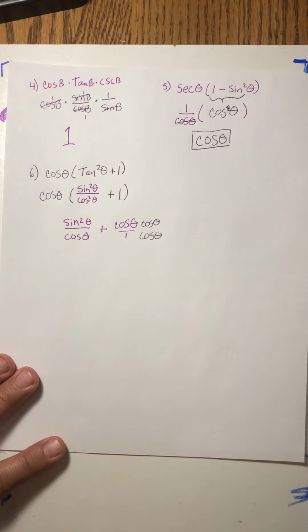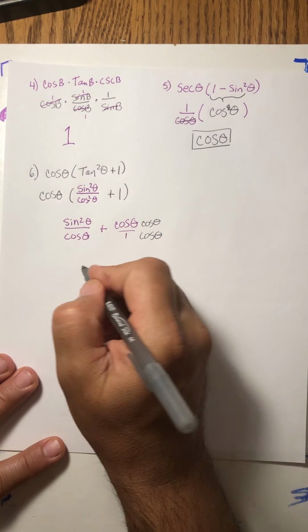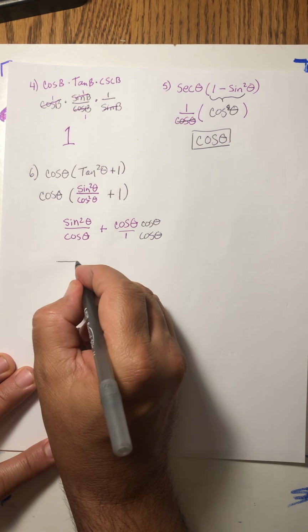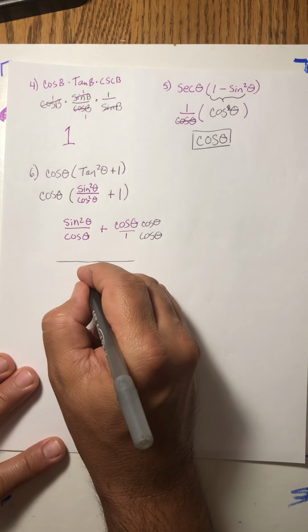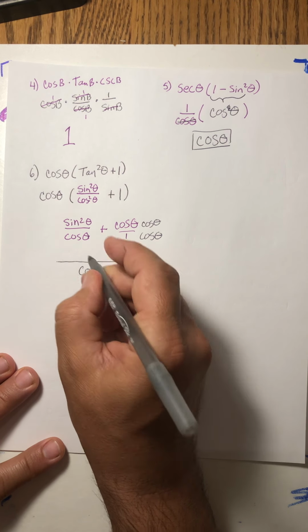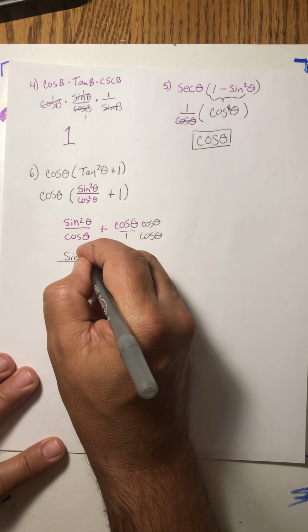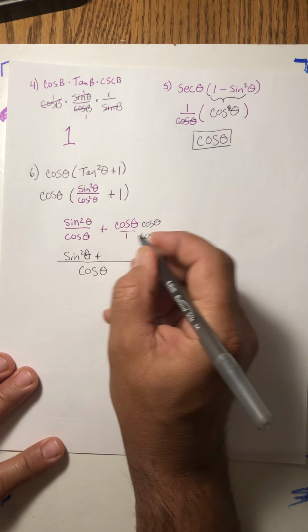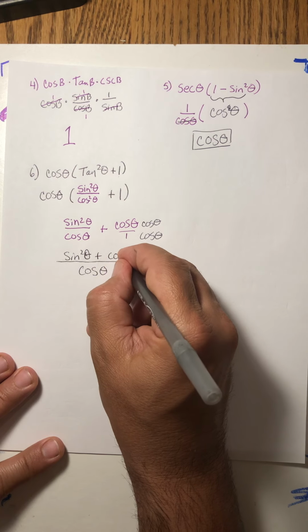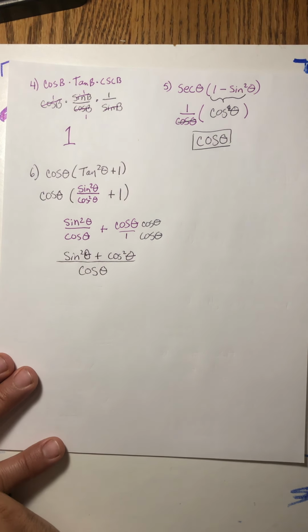And I'm going to write it as 1 denominator. So my 1 denominator is cosine theta. And the top, sine squared theta plus cosine times cosine is cosine squared theta.